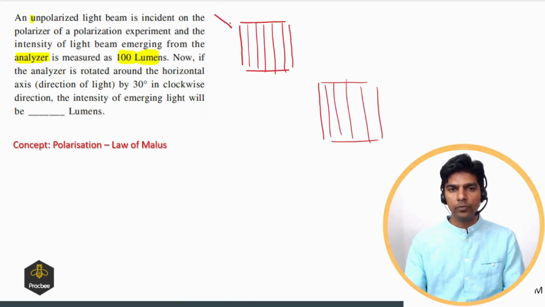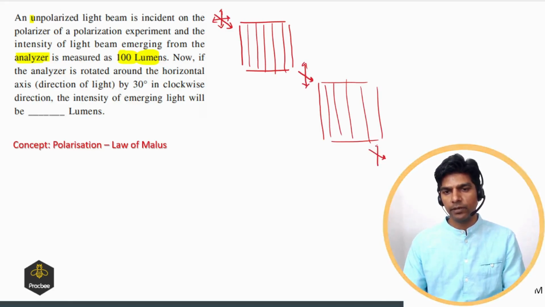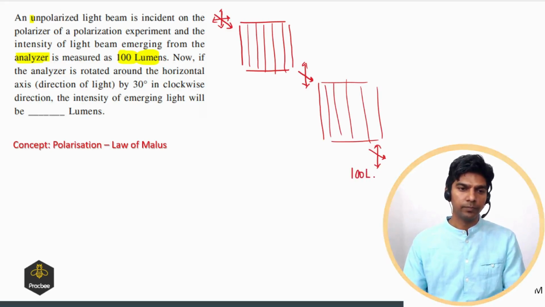Now we have an unpolarized light, and then it becomes polarized, and then we are getting the transmitted intensity, and this transmitted intensity is given as 100 lumen.